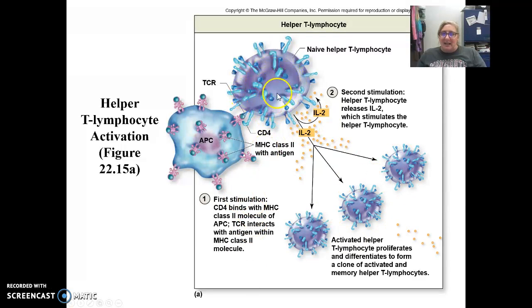So the T cell then is going to get activated. Its first encounter is right here, and then it gets co-activated by interleukin-2. And that causes the cell to proliferate into multiple clones of itself and differentiate into either activated helper Ts or memory helper Ts.